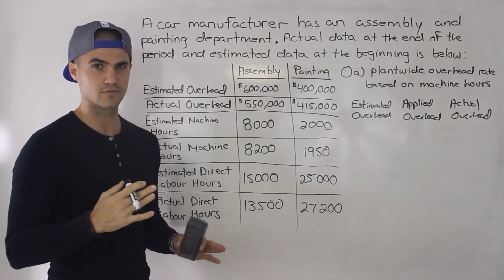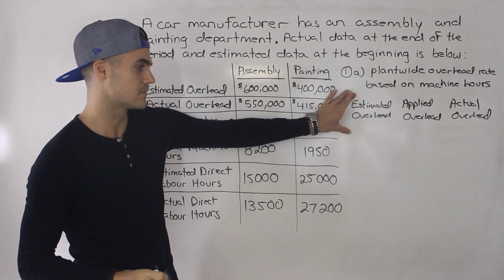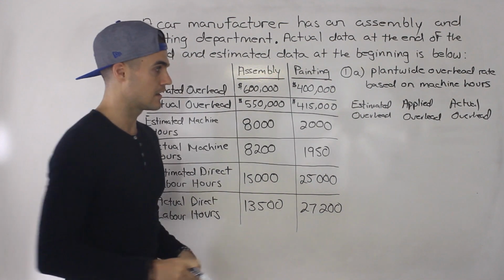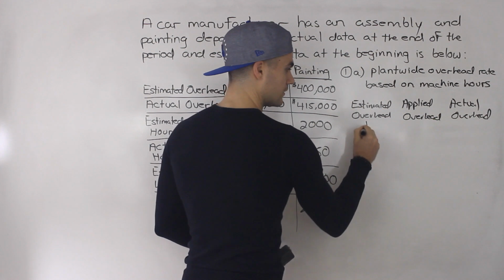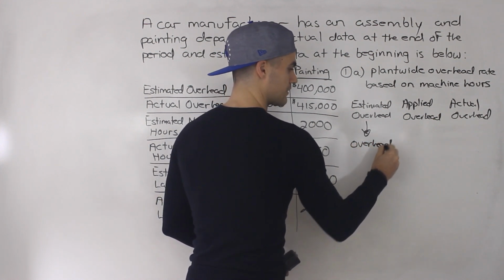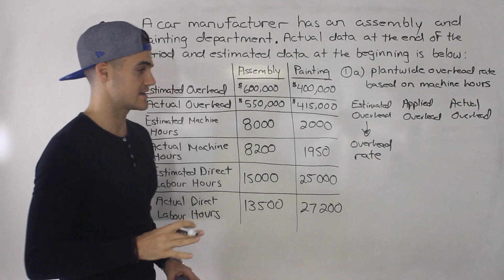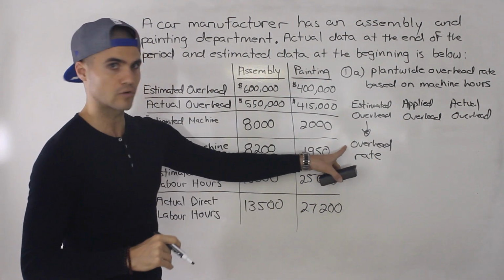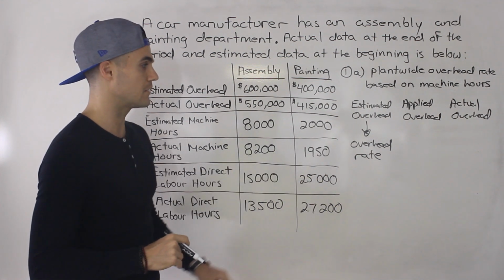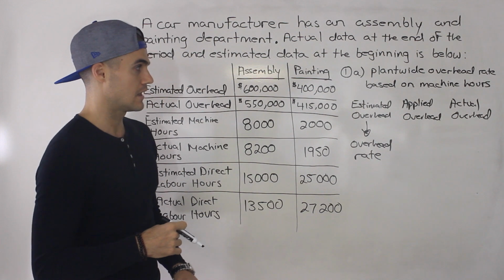And that could be a cause of confusion for students sometimes. So remember, the estimated overhead is at the beginning of the period, and all we're using it for is to get our overhead rate, nothing else, by dividing it by the estimated amount of the cost driver.